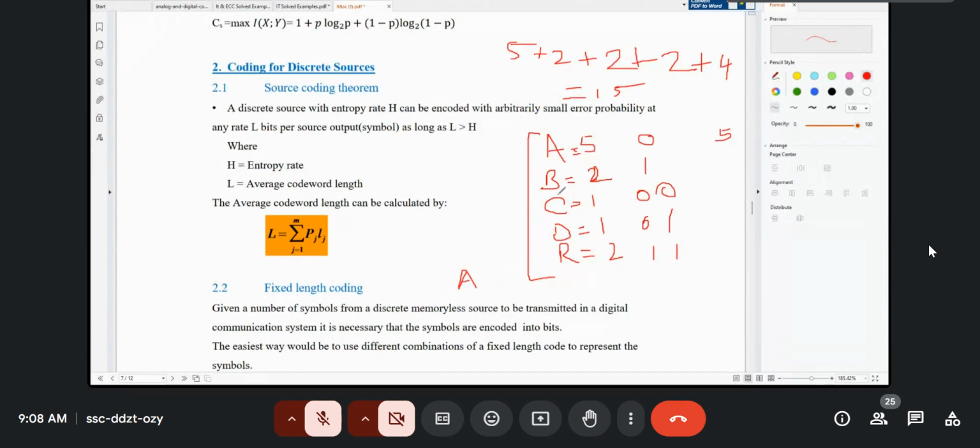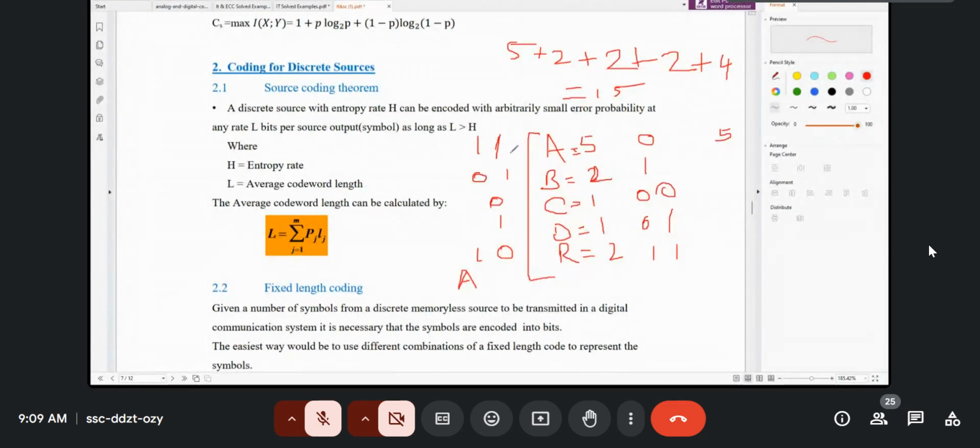Yeah. But suppose we decided to use 1, 1 for this and 0, 1 for this and 1, 0 for this, and we use 0, 1. Let's see what you can get.